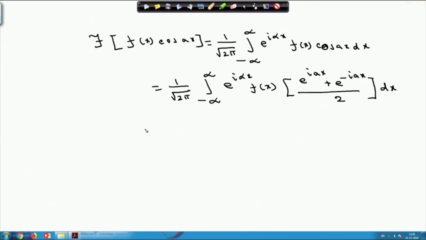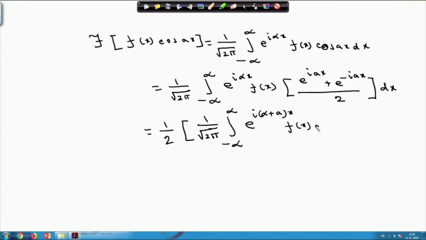Now, break it into two different integrals. Half I am keeping outside, then 1 by root 2 pi, integral from minus infinity to infinity, e power i into alpha plus a into x, f x dx.